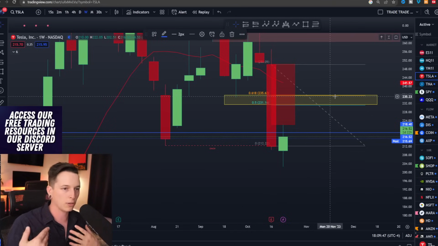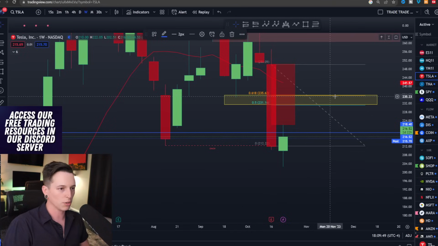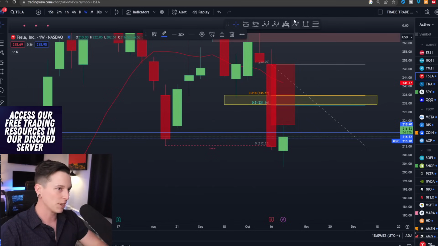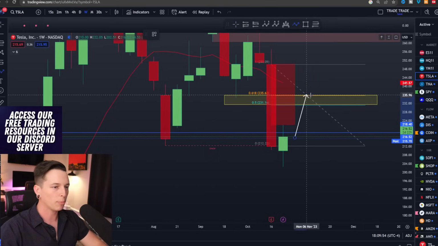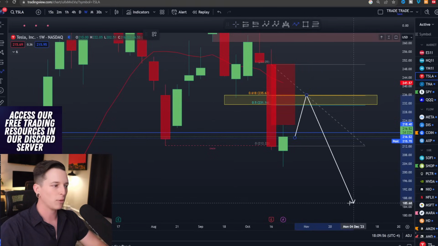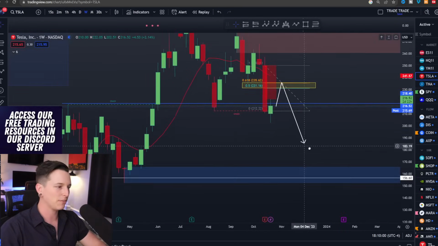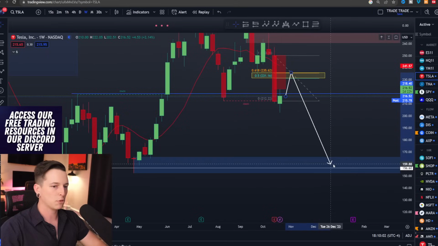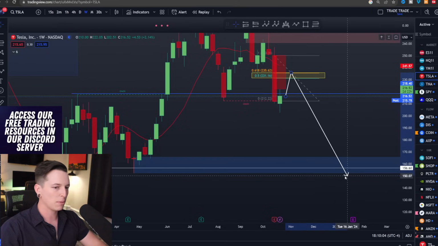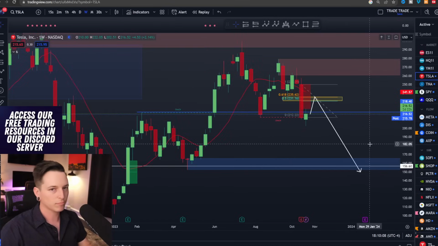They get retail, which is just everyday traders, to hold the bag. We end up rejecting, most likely, I believe, up here at 236, and then we make a lower low, ultimately coming down, I believe, in the next couple of months, to about 160, and then maybe worst case about 150 before bouncing.